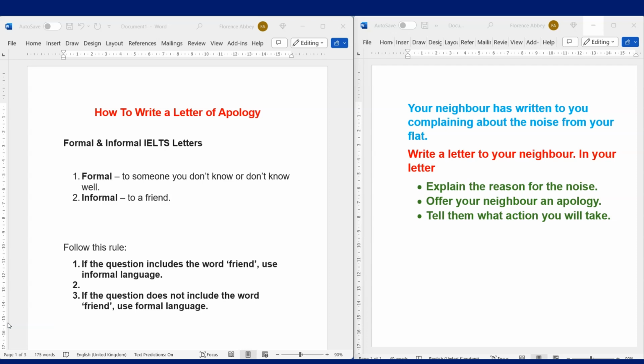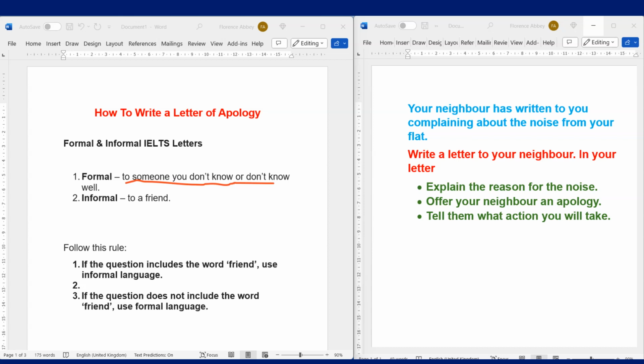So in the IELTS letters, you must write in an appropriate tone, and there are 2 different options. You have to write either in a formal way or an informal way. So it can be a formal letter or an informal letter. For you to write a formal letter, it has to be to someone you don't know or you don't know well.